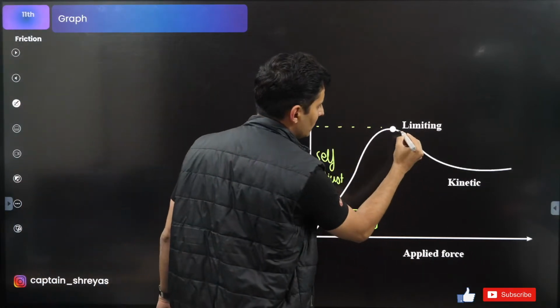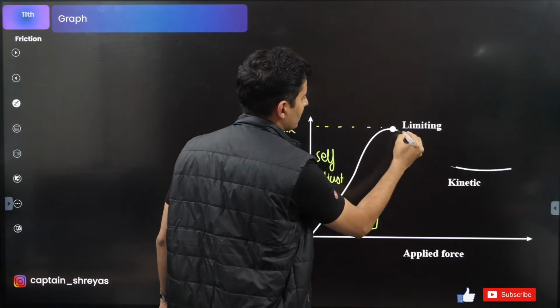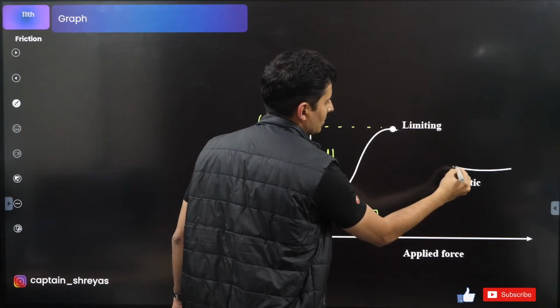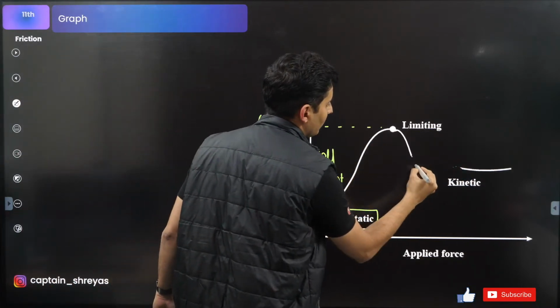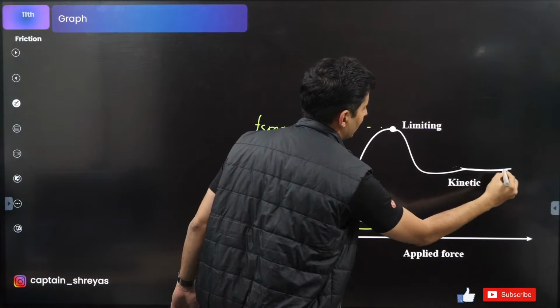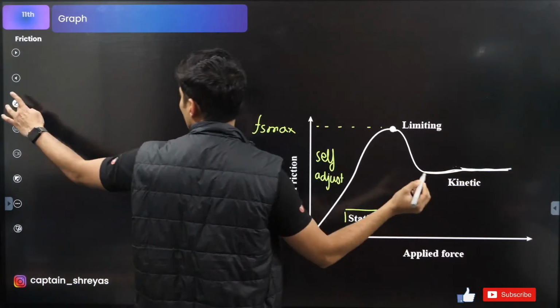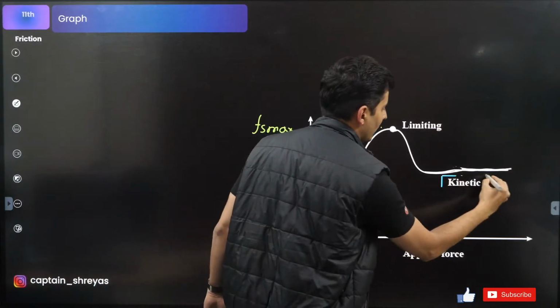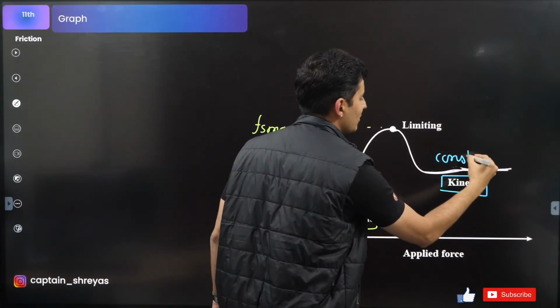It's not so gradual. Here it looks like it is very gradual. Actually, it is very much sudden. It's not the exact way it should look. So it basically falls like this, and you will see it enters into the kinetic zone. In this kinetic zone, you will see the frictional force is not adjusting.